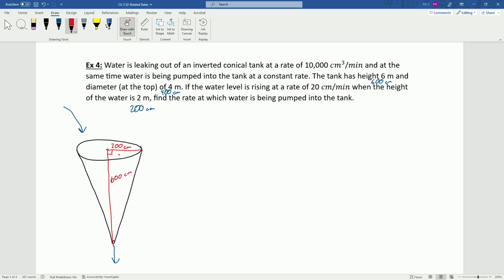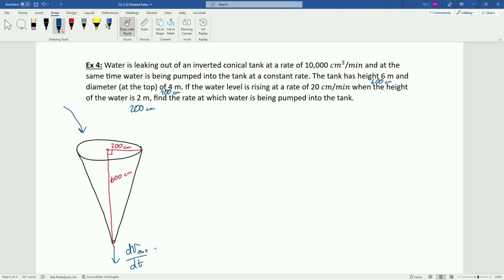Okay, so let's read it out again, and we will start notating some information here as we go. Water is leaking out of an inverted conical tank at a rate of 10,000 centimeters cubed per minute. So there's a change in volume, and we're going to call this dV out because it's not the total change in volume.